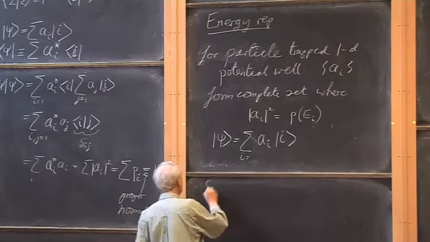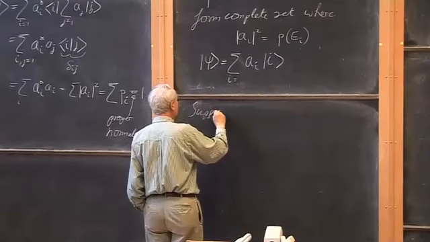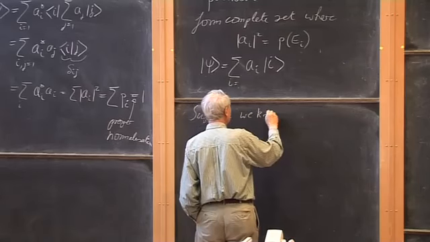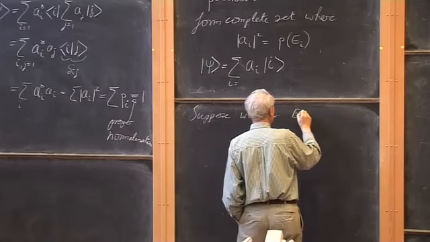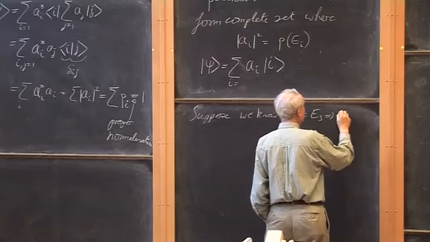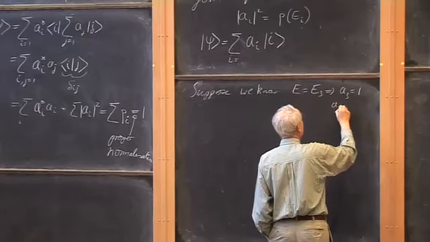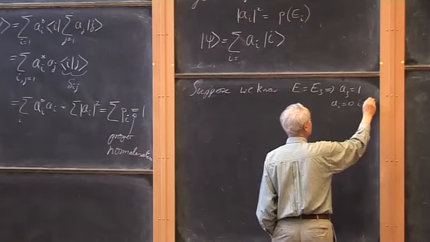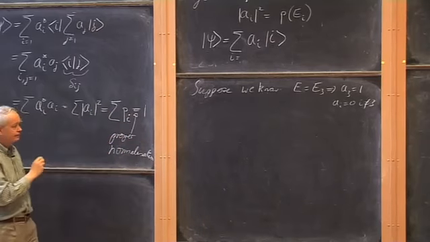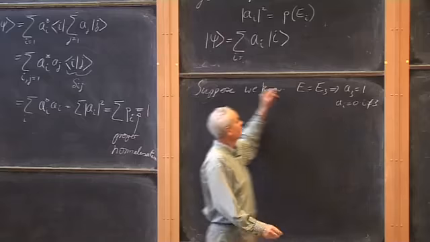Suppose we know the energy is actually E3. So that implies that A3 is 1 and Ai equals 0 for i not equal to 3. So supposing we happen to know that the energy is E3, then the amplitudes must be like this.